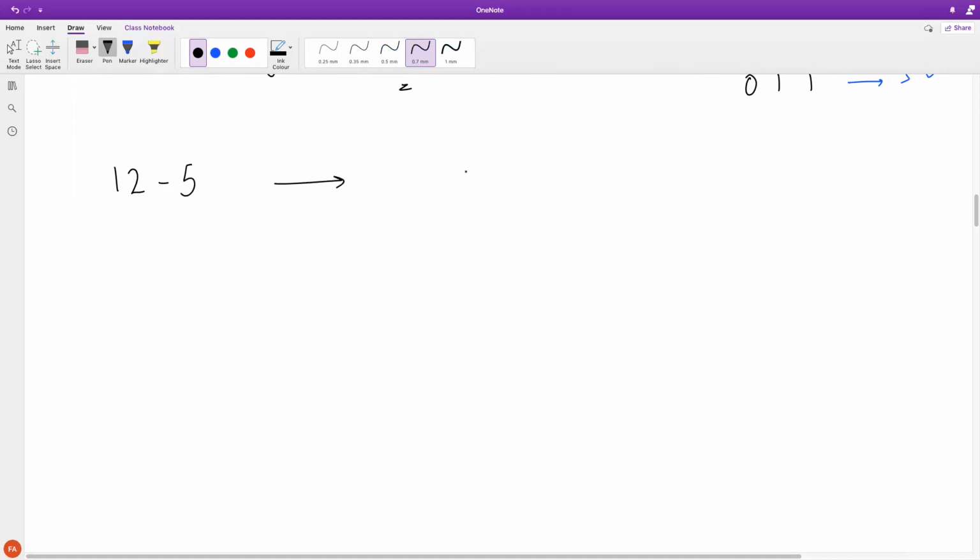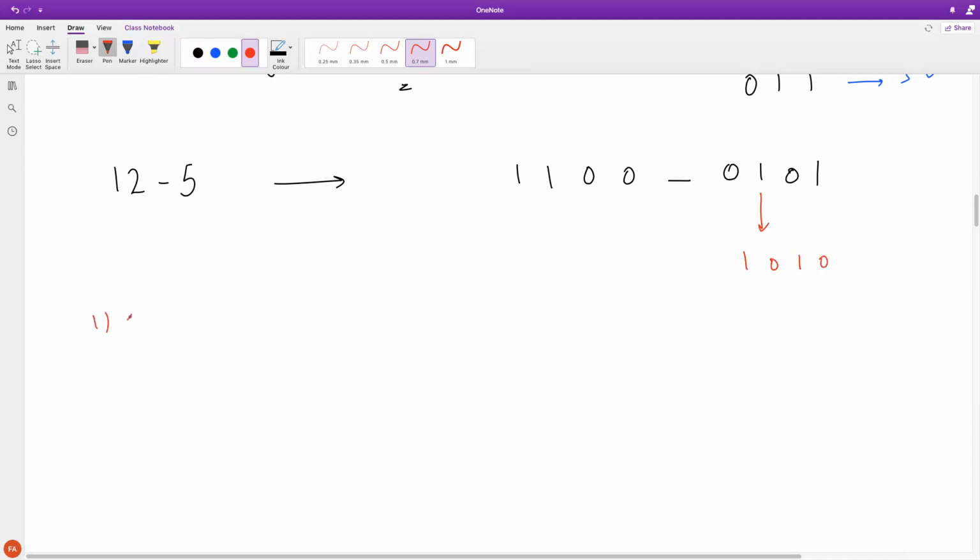First of all, go and find 12. 12 is 1, 1, 0, 0, 4 plus 8. 5 is what? 0, 1, 0, 1. You've got to have the same number of bits. You cannot have 3 bits here, 4 bits here. No, you've got to have the same number of bits. So what I said, first of all, flip the second number: 1, 0, 1, 0.